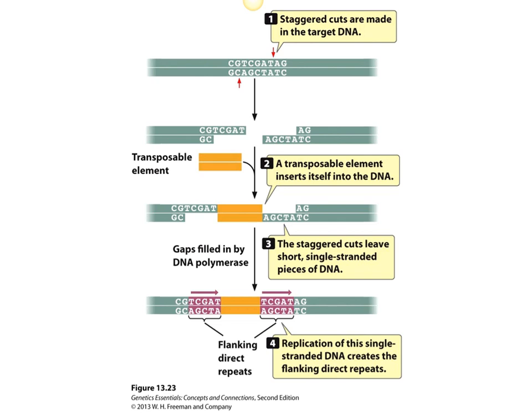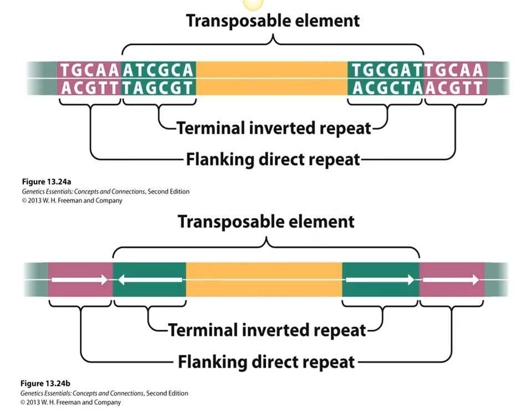That enzyme will cut the host chromosome, typically in a staggered pattern, and then the transposable element inserts itself into the chromosome, and then DNA polymerase fills in these little gaps that are created, and you end up with what are called direct repeats, and that typically signals where a transposable element is located. It's one of the things that you can look for when you are looking for transposable elements in DNA.